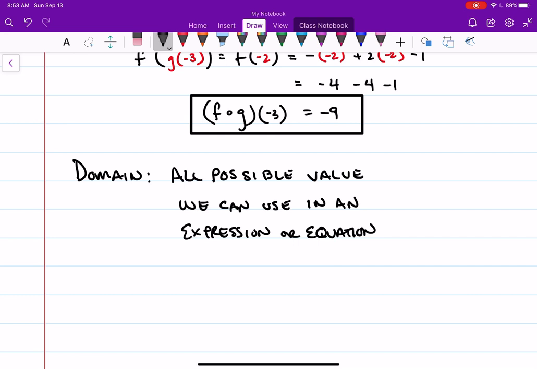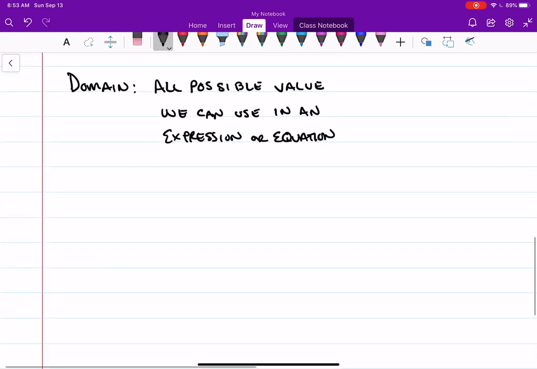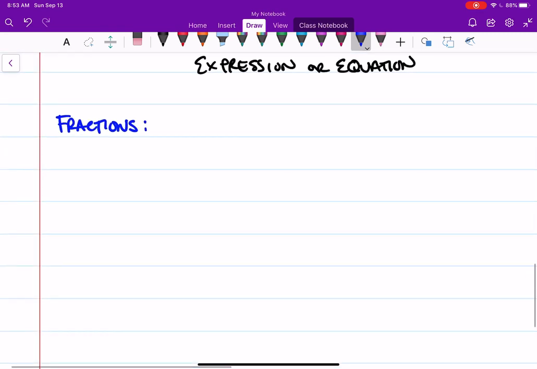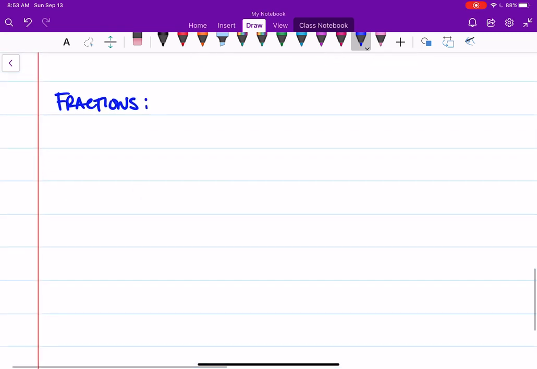Okay, so what are some of the things that we need to worry about? Well, one of them would definitely be fractions, right? So this is something that you should have done before. If I had a fraction a over b, what I know is that b cannot equal 0, because if b was equal to 0, then that fraction would be undefined, right?